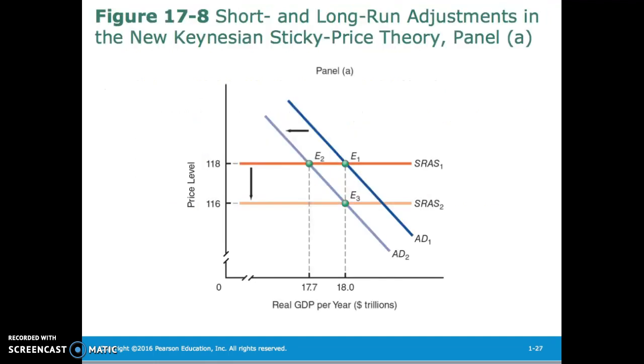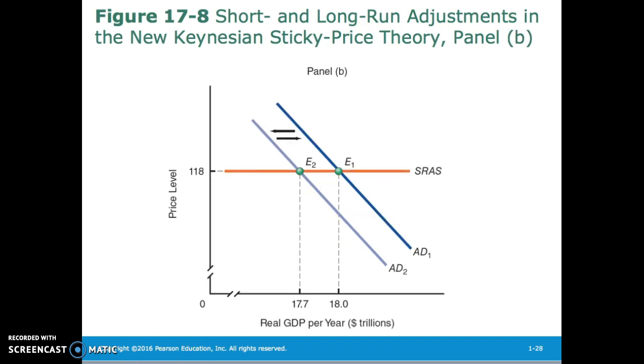Here, with sticky prices, when aggregate demand shifts downward, we have a new real GDP that's lower than originally. Then to adjust, we have price levels shifting downward, such that we move back to the original real GDP per year.